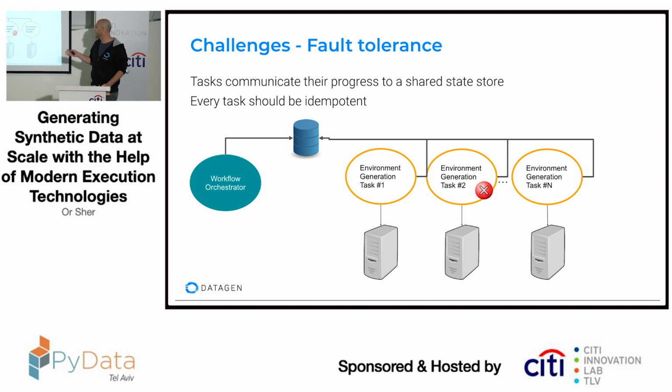So for example, if this environment generation task started running, then failed, then the orchestrator found out and restarted it, and if before it already wrote some files, and now instead of overriding them, it writes other files, maybe with a .copy extension or something like that, now the output is something else, right? And the overall result of the workflow could be very different.